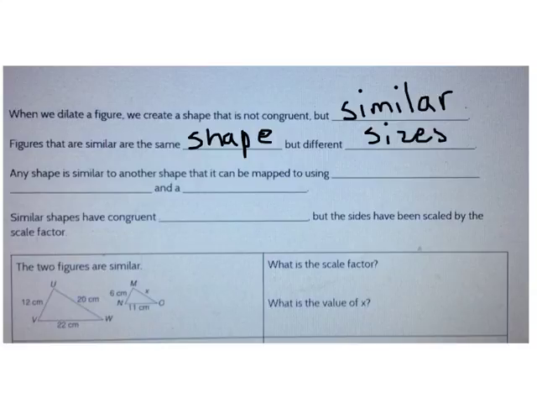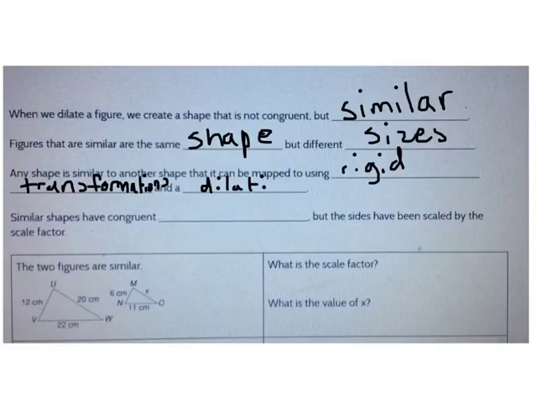Any shape that is similar to another shape can be mapped to it using rigid transformations and a dilation. So we might rotate and dilate, we might reflect and dilate. As long as there's a dilation, we're creating a similar figure.